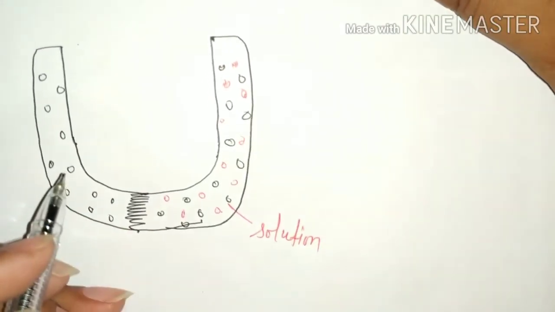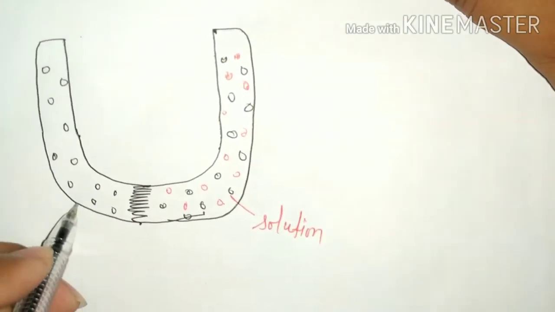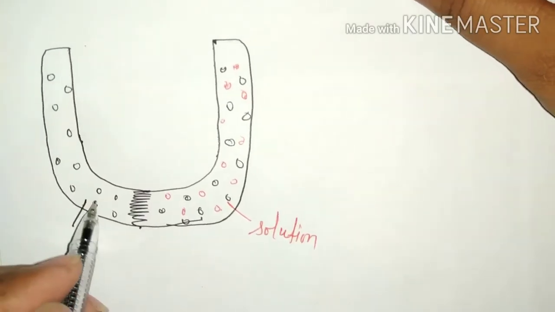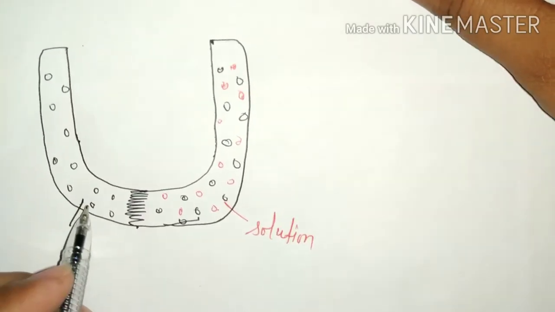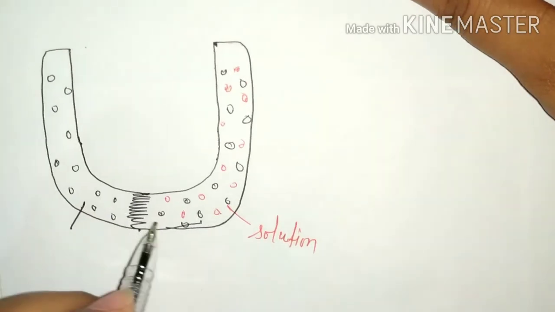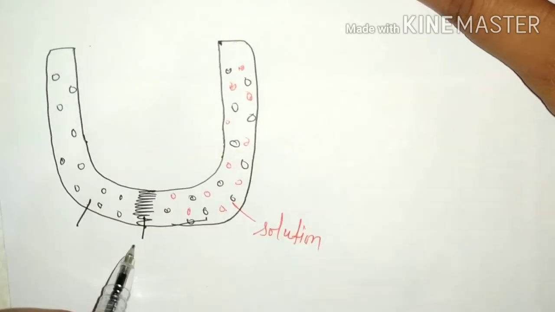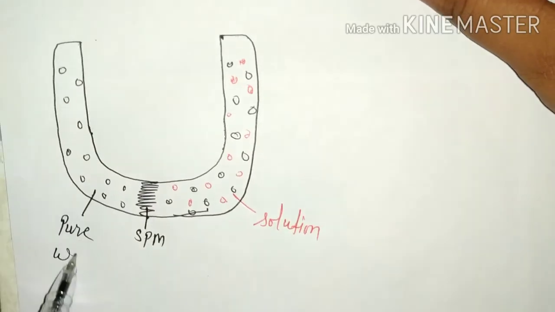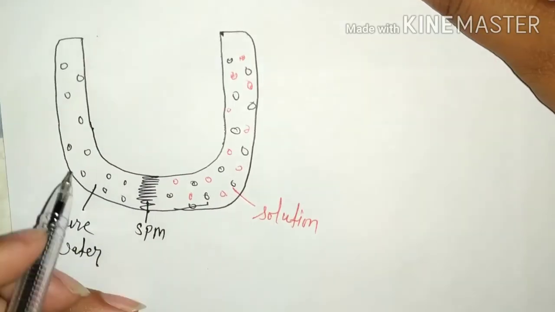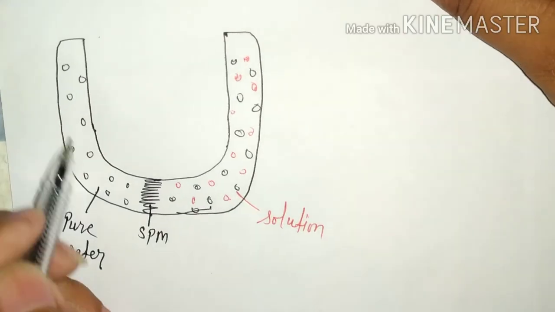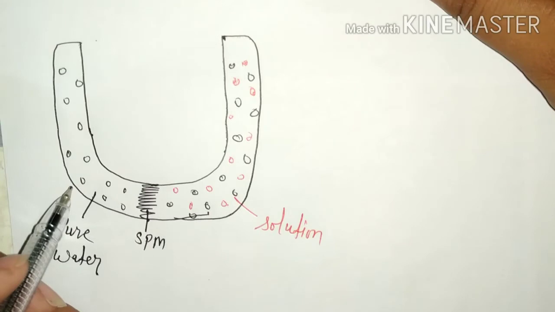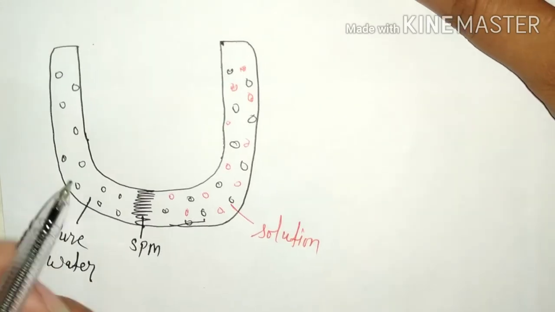Let's see. There are two solutions separated by an SPM or semi-permeable membrane. Solution A has only pure water or solvent molecules.